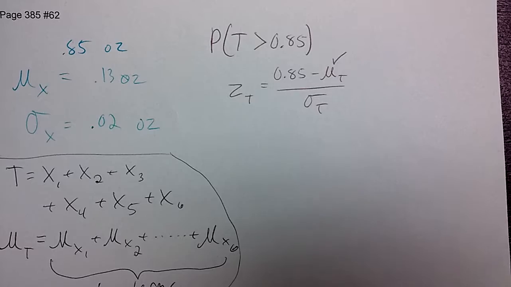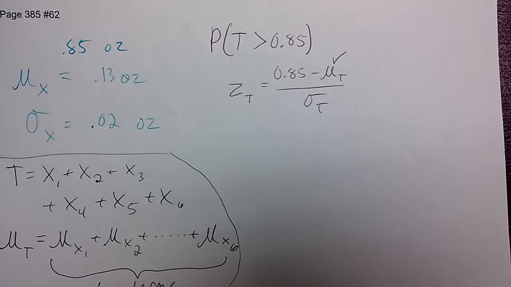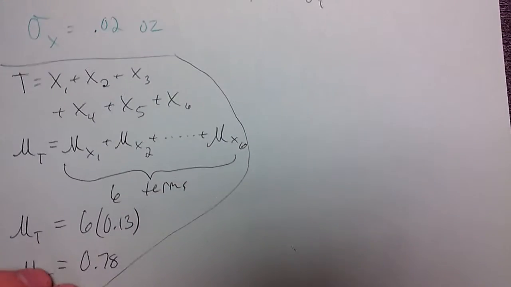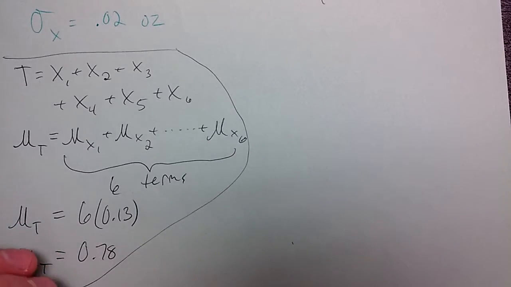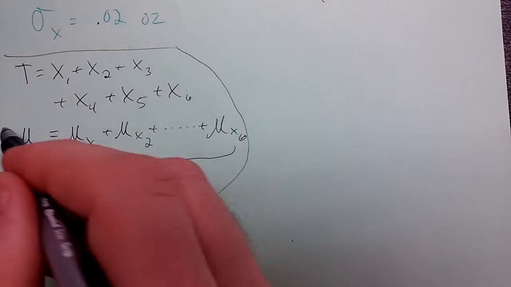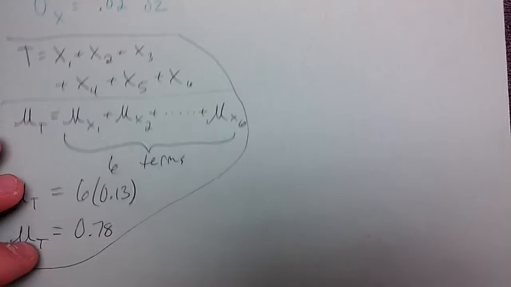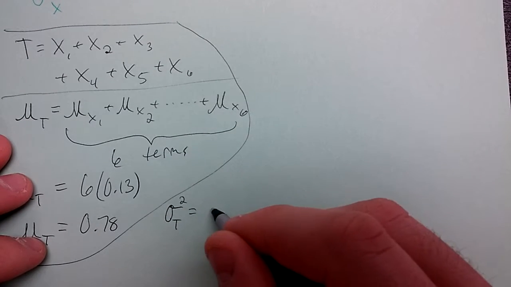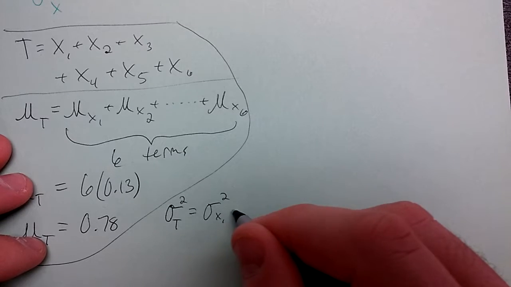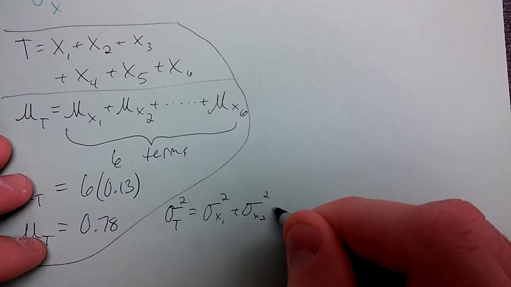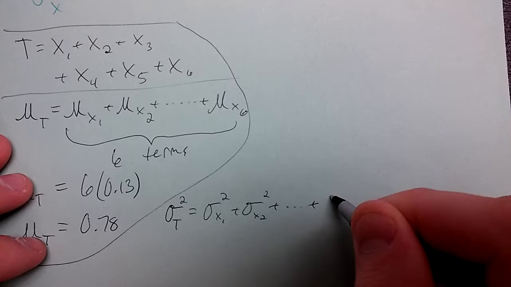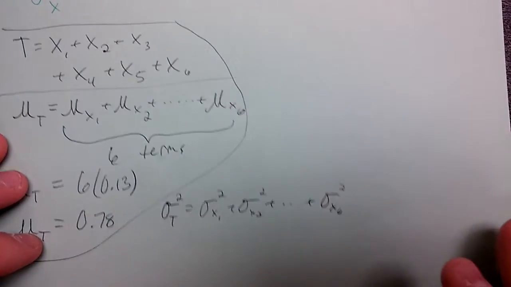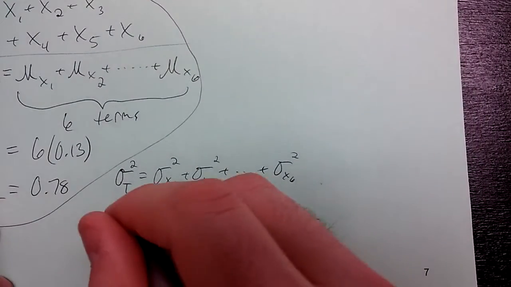For random variables, to find standard deviation, you have to work through the variance. As we talked about before, when you sum random variables like here, you can just sum the variances as well. So sigma T squared is going to be sigma X1 squared plus sigma X2 squared, all the way up to sigma X6 squared, and they're all exactly the same.